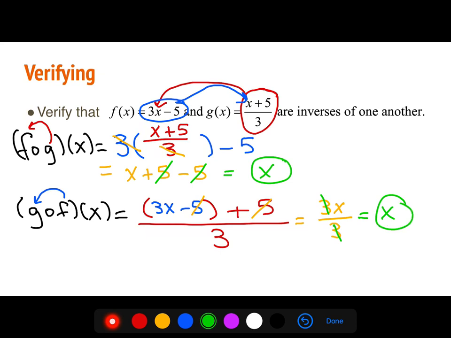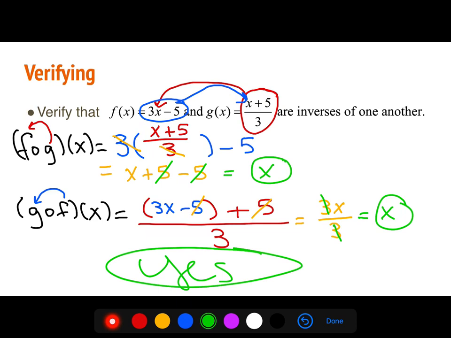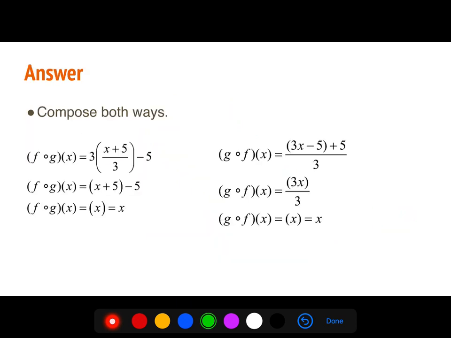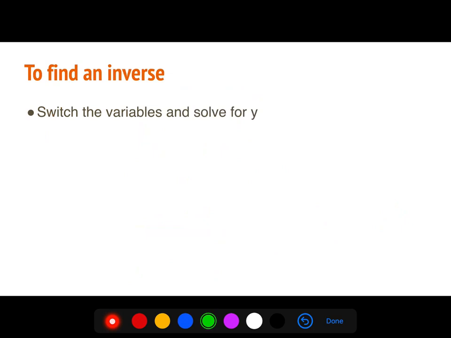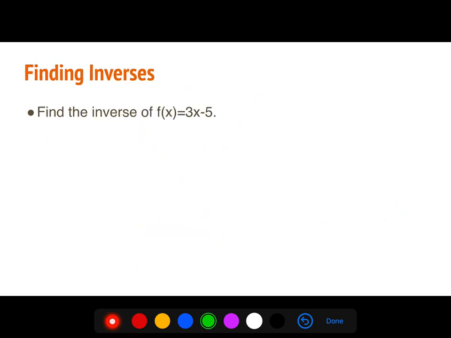And let's shove f in there. f is 3x minus 5. Well, negative 5 and positive 5 cancel to make 0. And then 3 divided by 3 is 1. So we get x again. So yes, these are inverses.